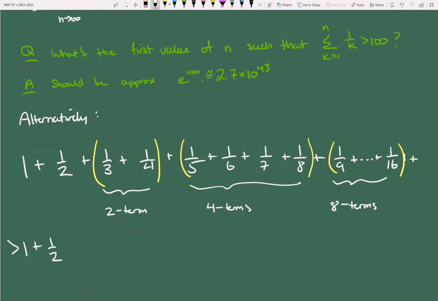And now I'm going to replace every element in its group with the smallest element. So here I'm going to use now 1/4, because 1/4 was the smallest element in this group. All right. So I'm going to replace everything with the smallest element in its group.